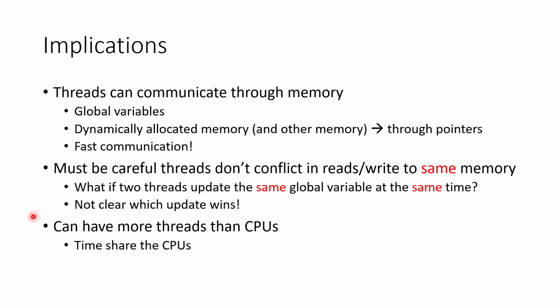And you can have more threads than CPUs, because your CPUs can decide which thread to run, which thread wins the CPU. This is usually determined by your OS or by some hardware microarchitecture algorithms that you don't need to worry about as a software programmer.